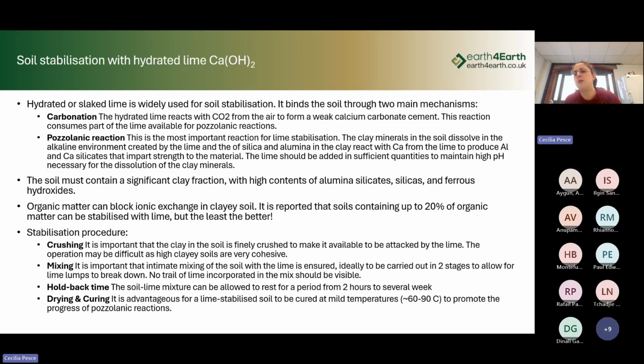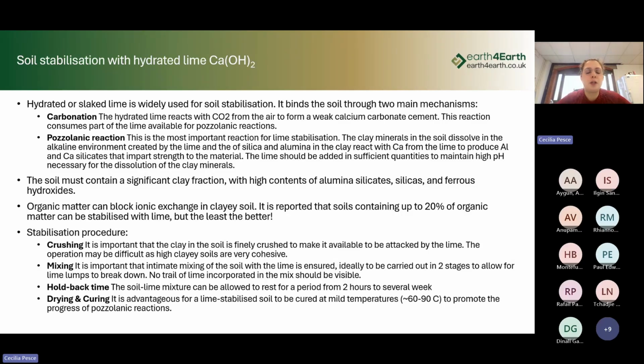The clay mineral will dissolve in the alkaline environment created by the lime, and such silica and alumina dissolved from the clay will react with calcium ions from the lime, and this will produce aluminum and calcium silicate, which are the phases that actually impart strength to the material.